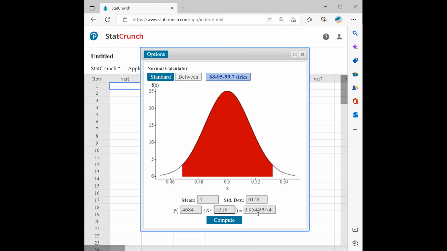Knowing that the population mean is 50%, what's the probability that you're going to be within that range? 0.95449974. So that's the probability that a single survey of the 1,000 population is in that range.